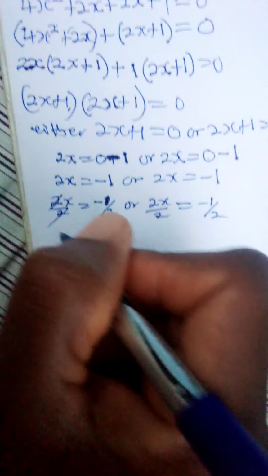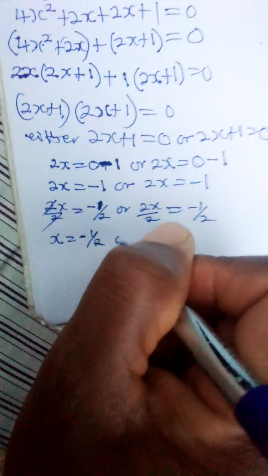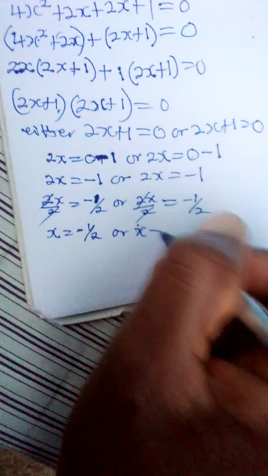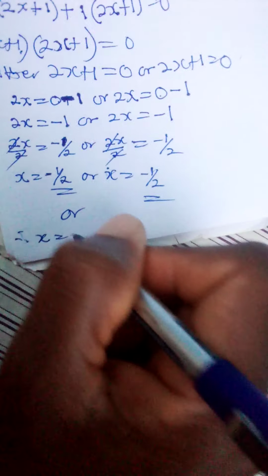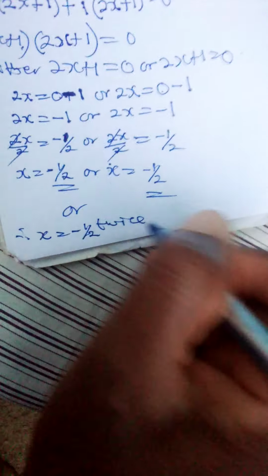When this cancels this, it will remain x is equal to negative 1 all over 2, or here you have, when this cancels this, it will remain x is equal to negative 1 all over 2. You see, the two answers are the same thing. You can conclude also, say, therefore our x is equal to minus 1 all over 2 twice. You can conclude it this way.